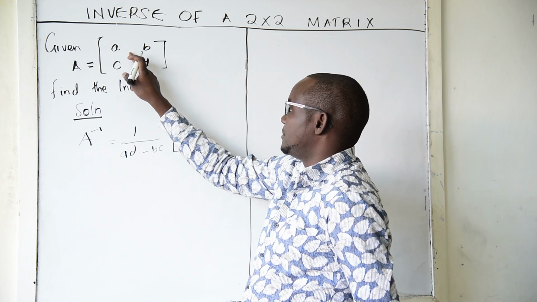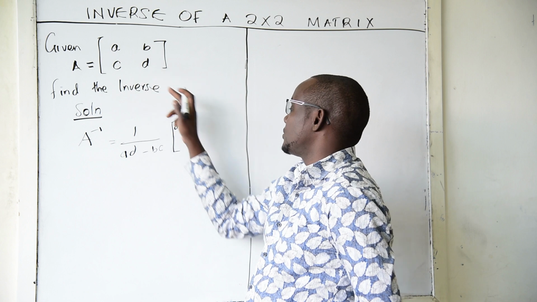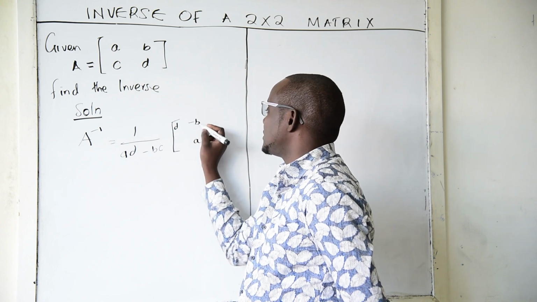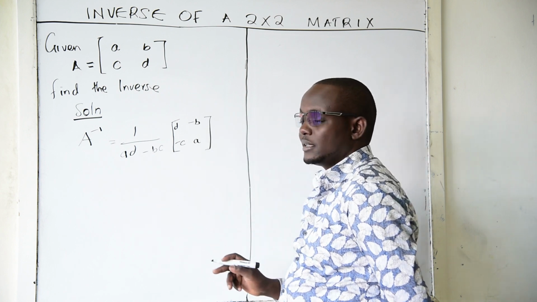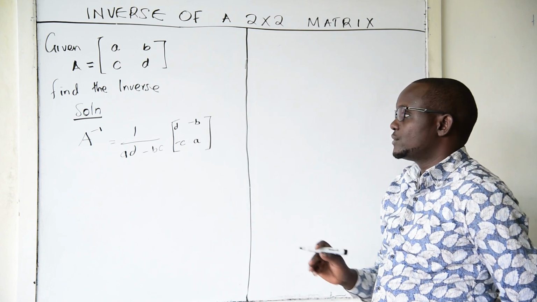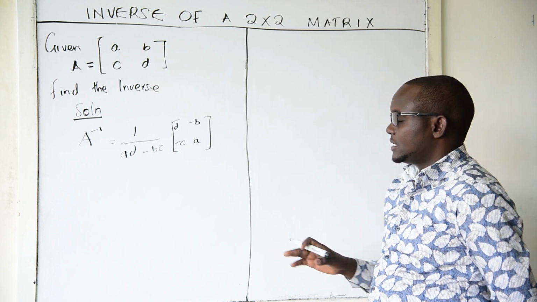Then the members of the lagging diagonal have a negative sign: minus b, minus c. This will be your inverse for this matrix. This is how you get the inverse.